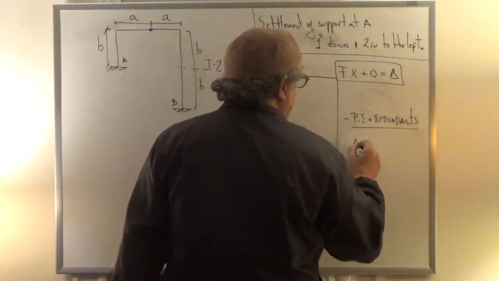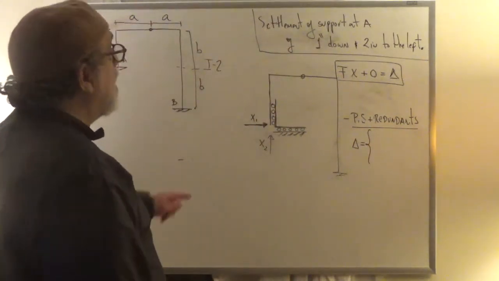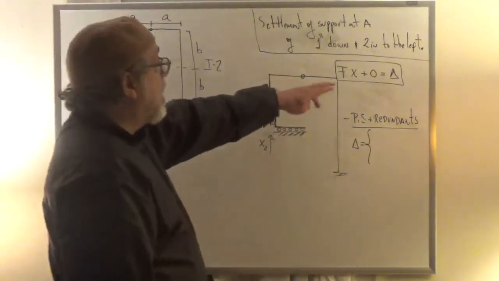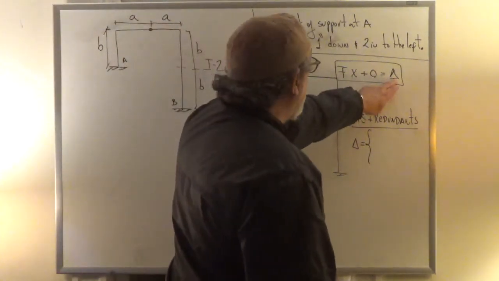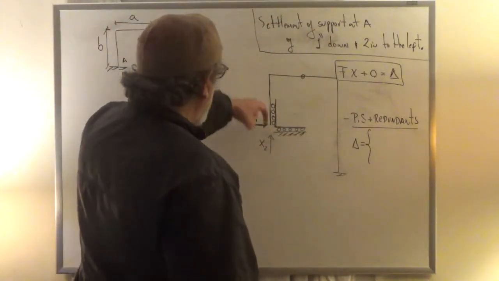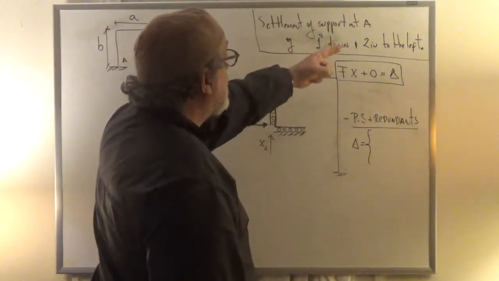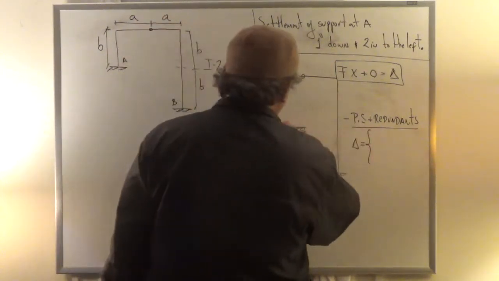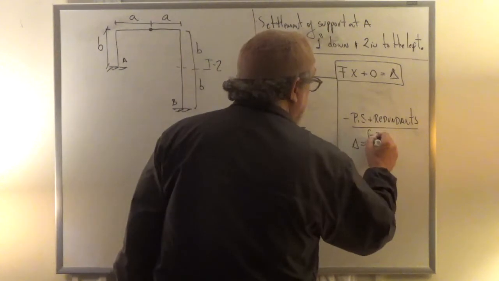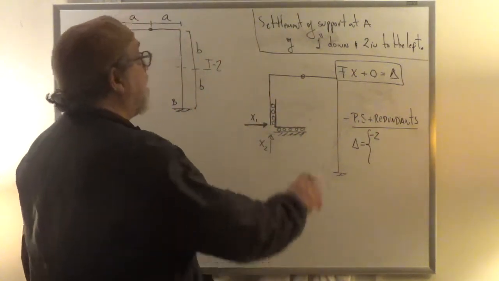This delta is directly known in this particular case because these are the final movements at the locations of the redundants. In the horizontal direction, the movement is 2 inches to the left. If I choose that as the first one, I would say it is negative 2 inches because it's against the direction that I chose for the redundant.